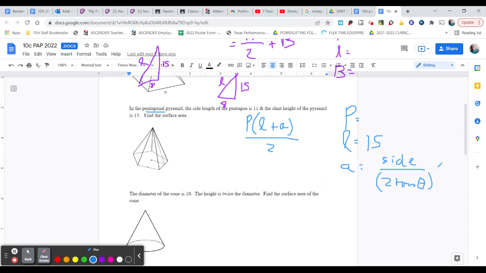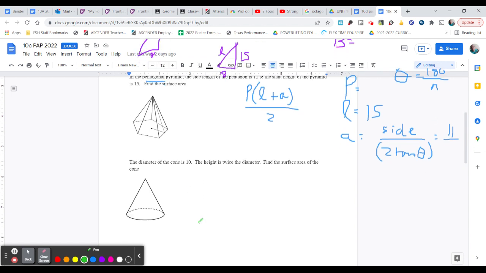All right, so we know the side length already, which is 11. And remember, to find the theta, it's just going to be 180 divided by the number of sides. So we should be off to the races there.